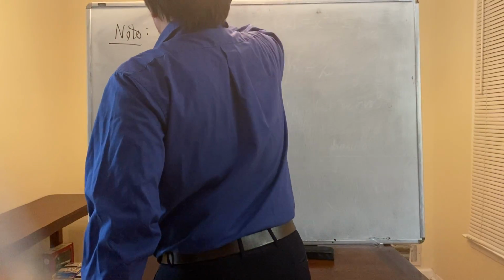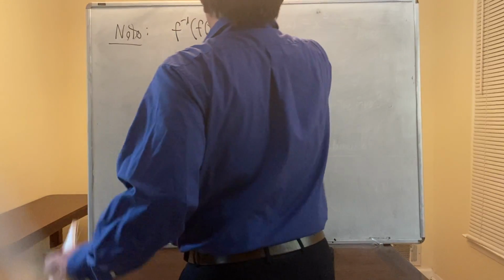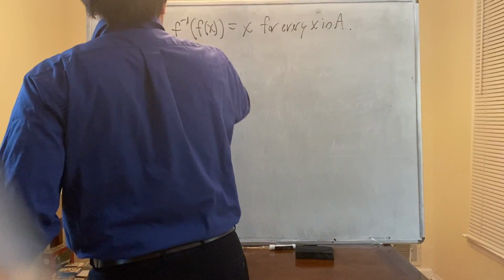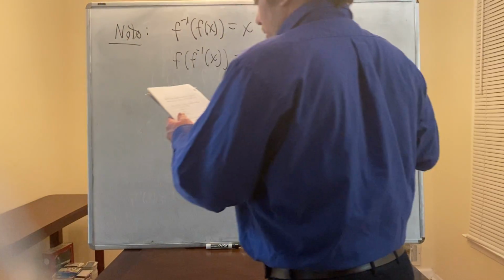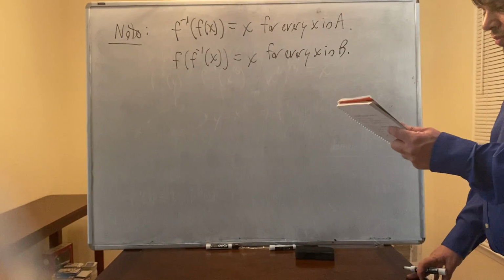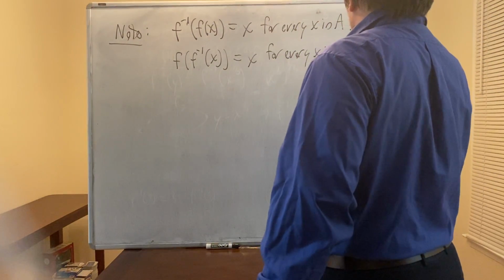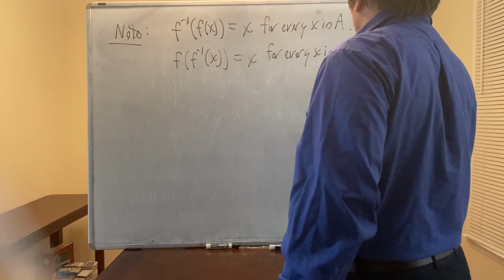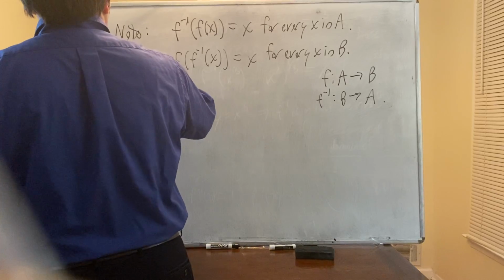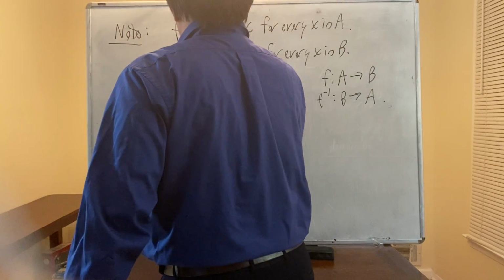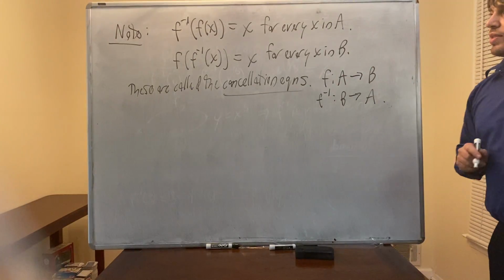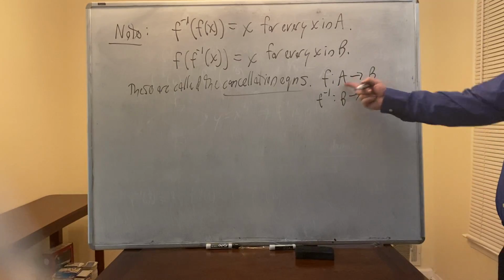F inverse of f of x is equal to x for every x in A. F of f inverse of x is equal to x for every x in B. Here, f is a function from A to B, and f inverse is from B to A. Those two equations are called the cancellation equations.